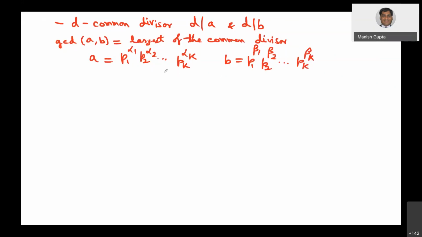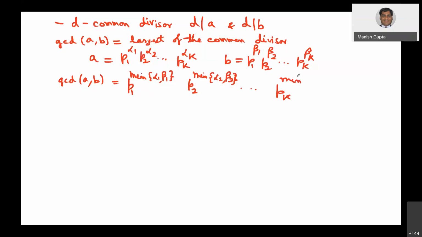Then we can define GCD of a and b by this definition: p1 raised to power minimum of alpha 1 comma beta 1, p2 raised to power minimum of alpha 2 comma beta 2, and so on, pk raised to power minimum of alpha k comma beta k. This is how you can define GCD.